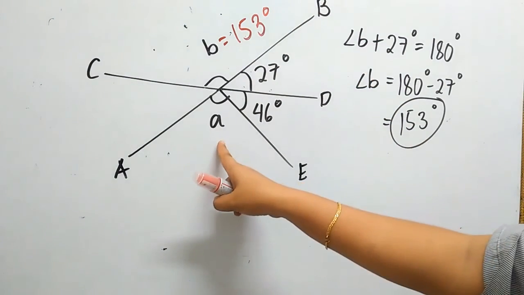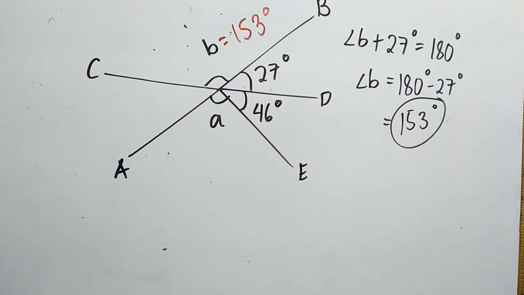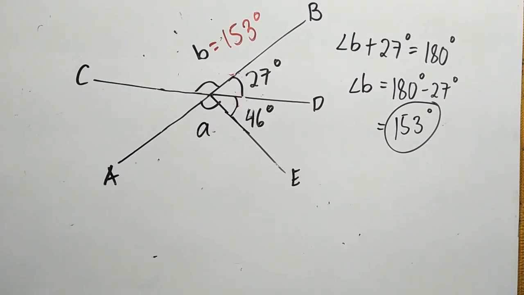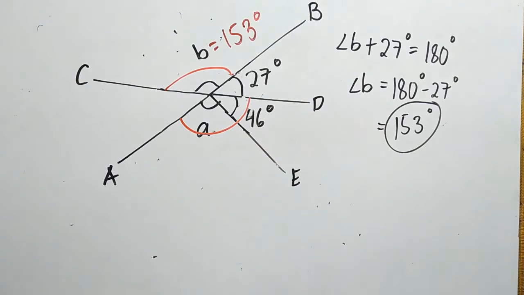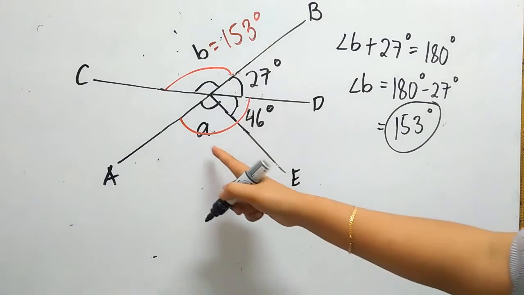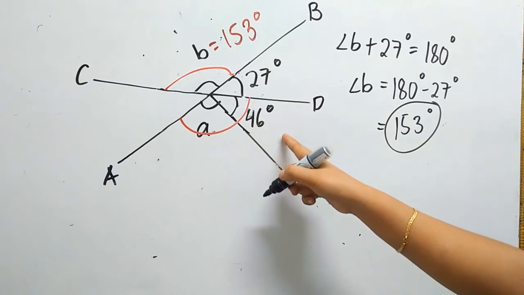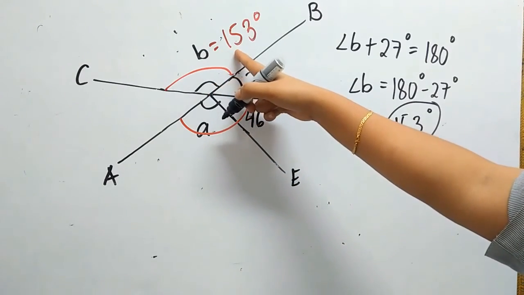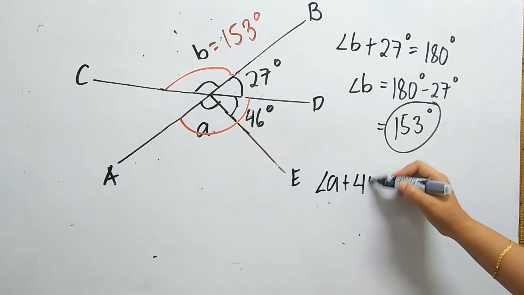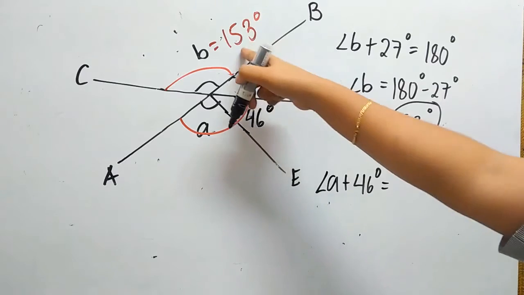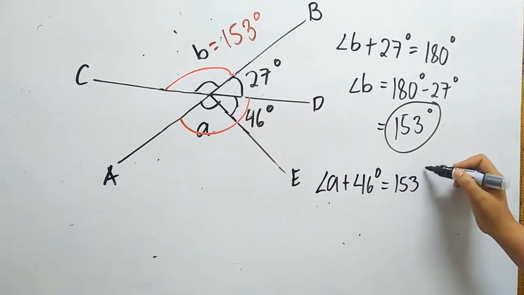Now how are we going to find angle A? To find angle A, we have vertically opposite angles here. The angle B and the sum of angle A and 46 degrees. That means if we add angle A and 46 degrees, it is the same as angle B, which is 153 degrees. So angle A plus 46 degrees is equal to 153 degrees.